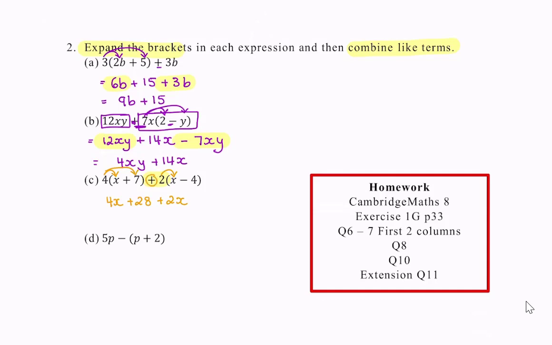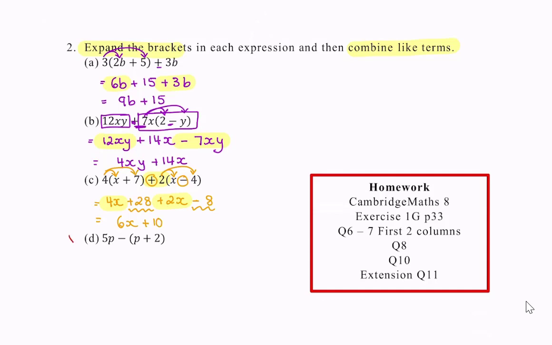I know a plus and a minus will give me a minus. 2 times 4 is 8. So 4x, collecting my like terms, 4x and 2x is 6x. And then I have 28 take away 8, which is 20. 20 is a positive number, so I'm putting plus 20.